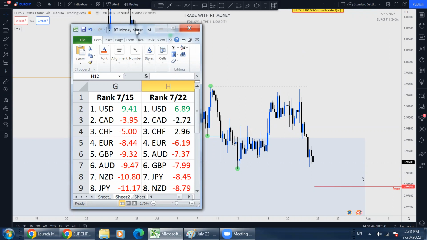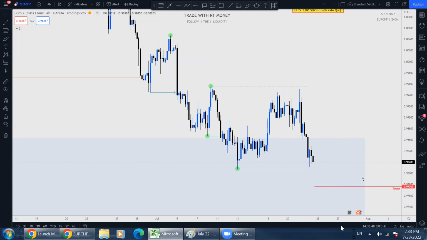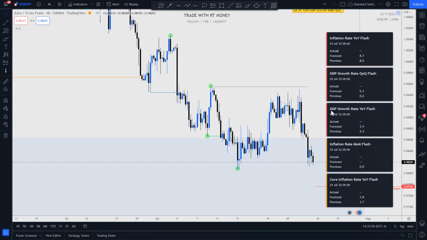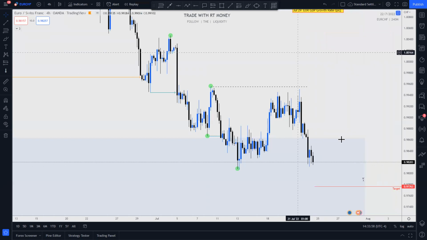For the euro, we have red news as well. We got GDP coming out for them as well, on Friday. So these things have the power to reverse markets.